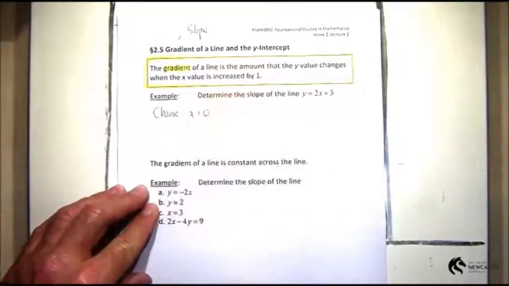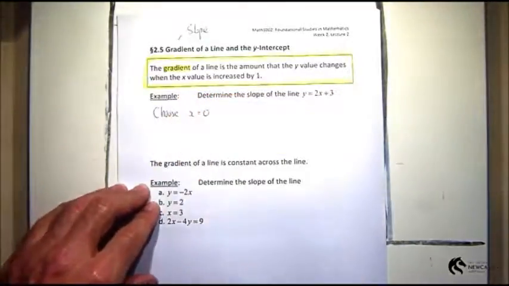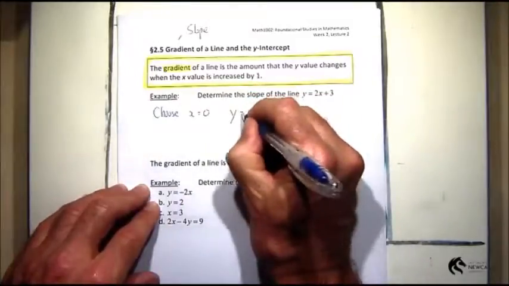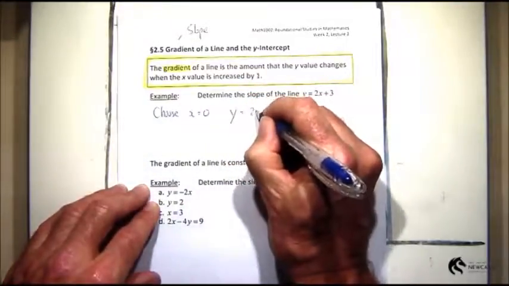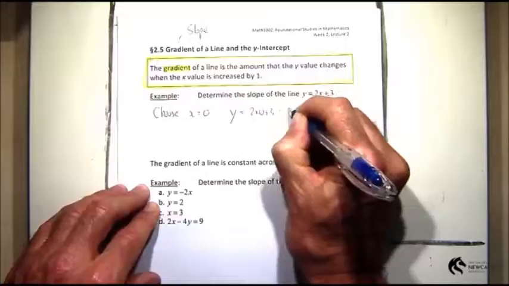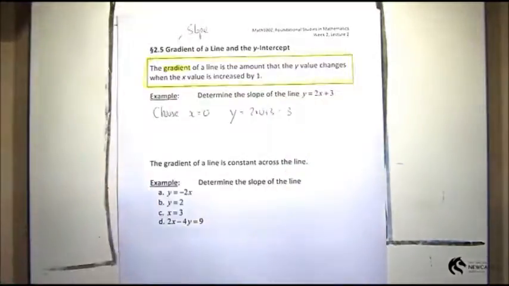I keep choosing 0 because I'm good at arithmetic with 0. That says y is equal to 2 times 0 plus 3, so y is equal to 3. No problems. If we were to go back to our picture, we've already seen that. We saw that when x was 0, y was 3.